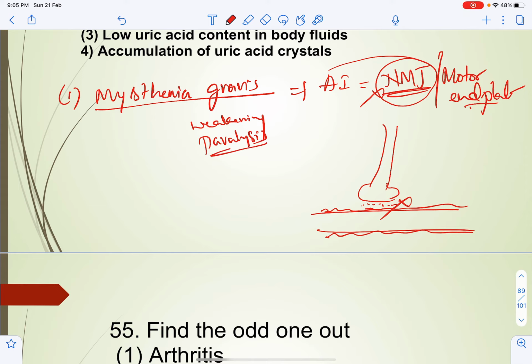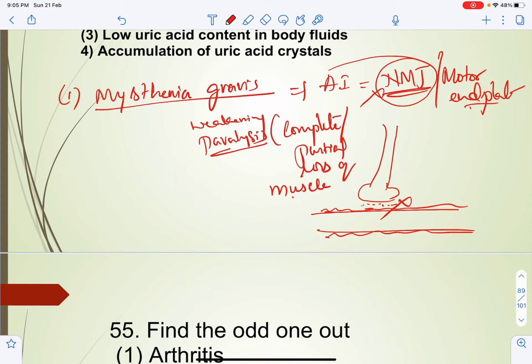What is the meaning of paralysis? Complete or partial loss of muscle function.